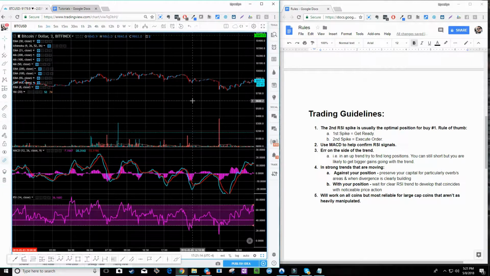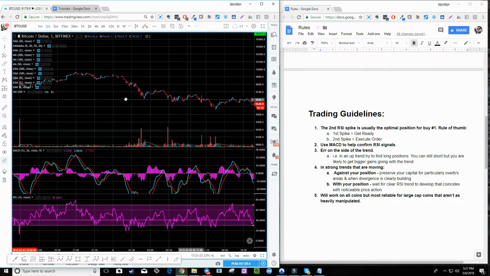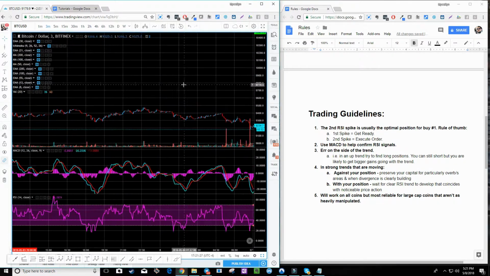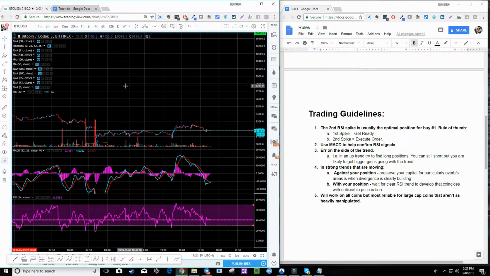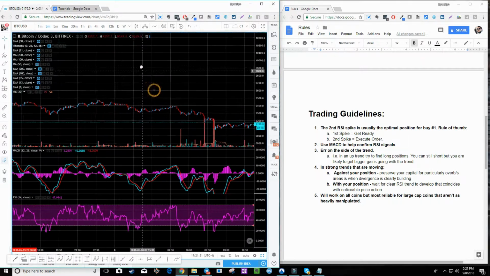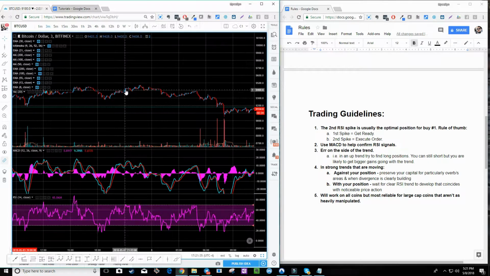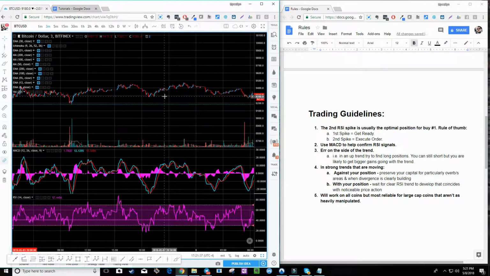So in general, err on the side of the trend. If recently we had a strong uptrend, shorting is going to be tougher. But you could still do it. There are still pullbacks. But if we are in a strong uptrend, you're probably going to get more run and a better percentage if you go long.